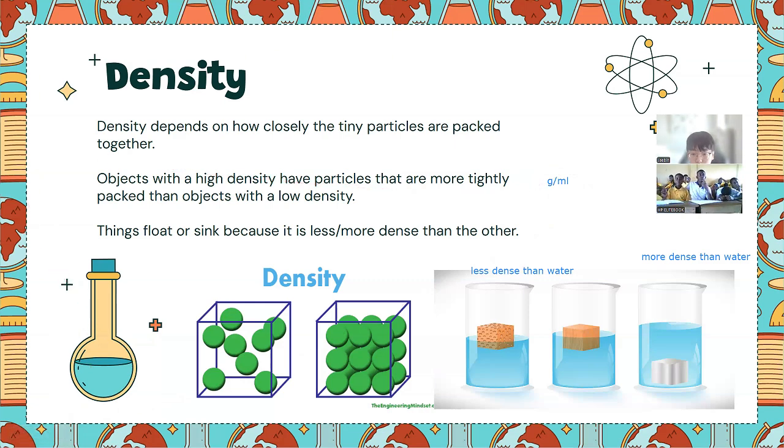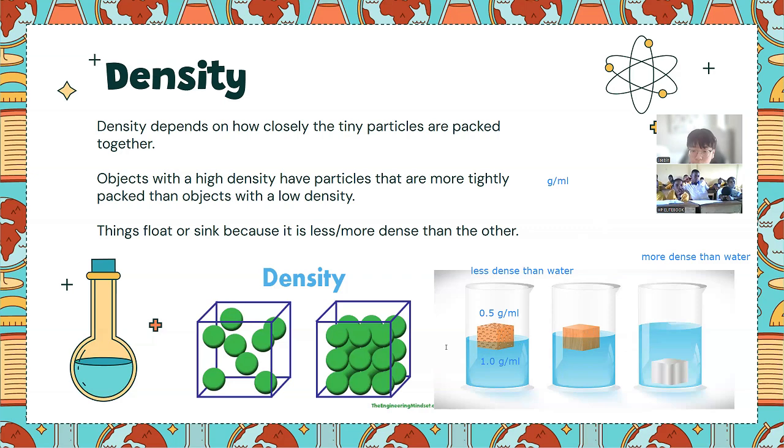So for example, this object might have 0.5 grams per milliliter, but the density of water is 1 gram per milliliter. So which one is more dense?